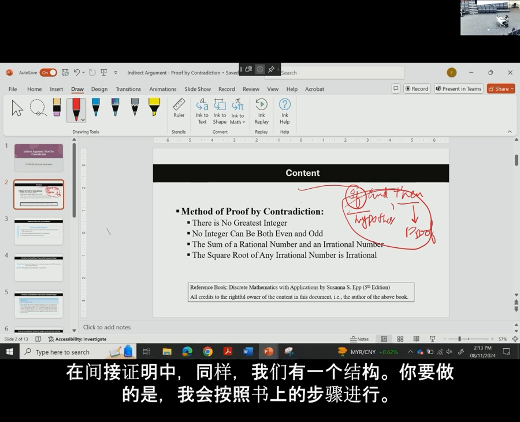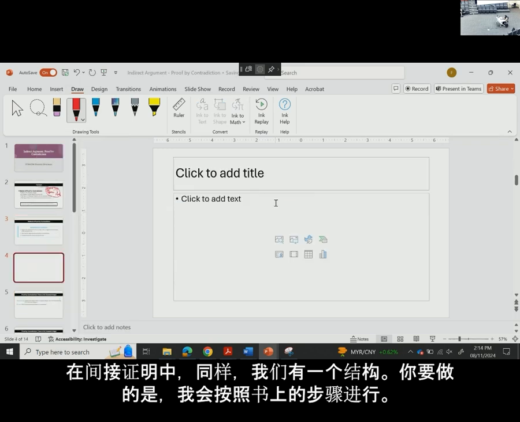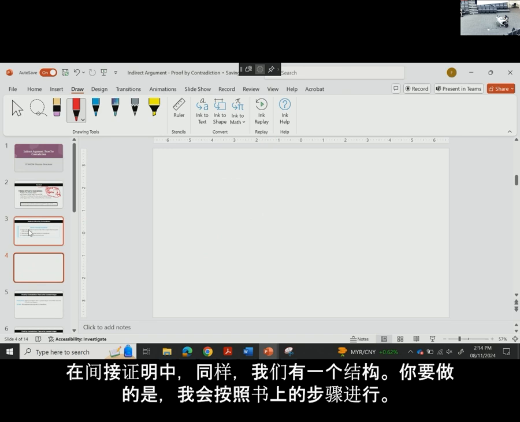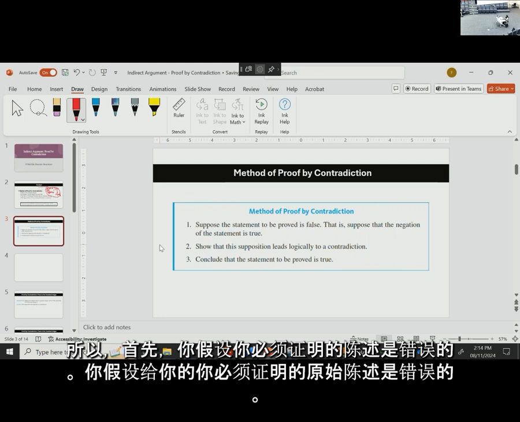In indirect proof, similarly, we have a structure. I'll go through the steps according to the book. So first of all, you suppose the statement that you have to prove is false.